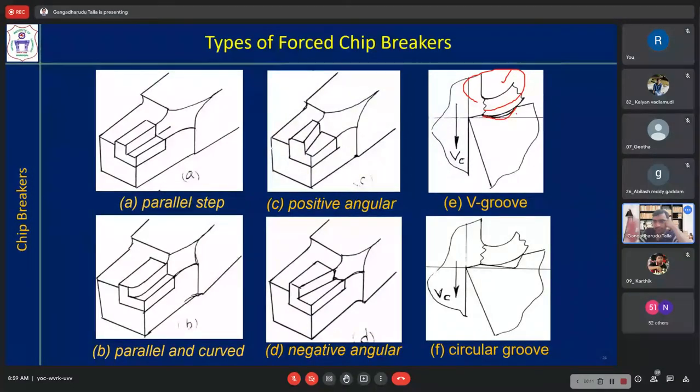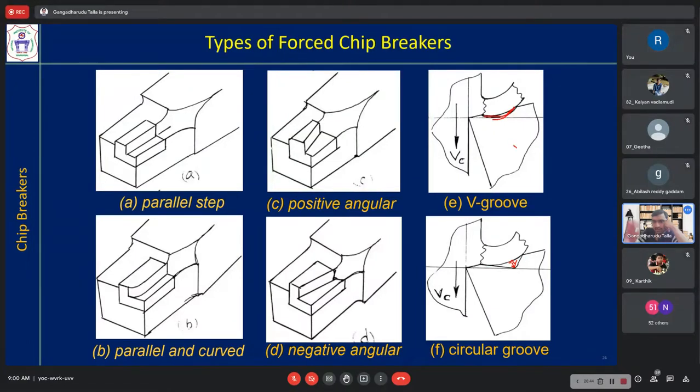That is mandatory, because only then will the chip curl. One disadvantage with the circular groove is that a large amount of chip is in contact with the workpiece. So it is almost in contact with the workpiece. Here, if you are providing V type, contact is less. Understand?